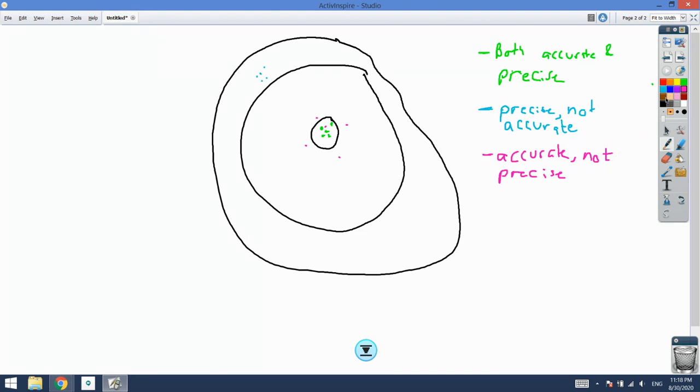And then finally, we have two options, and each of those options happens independently from another. Our last option, of course, is these brown ones, and the brown ones are neither accurate nor precise.